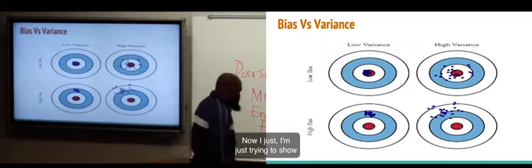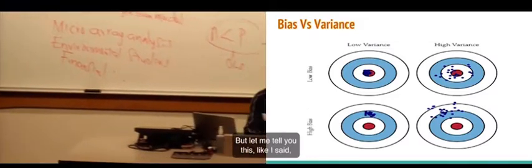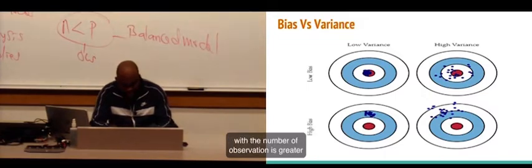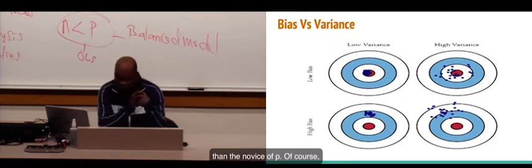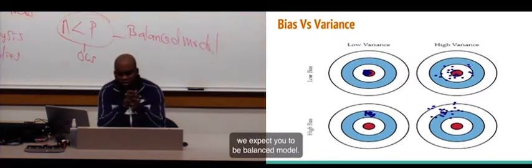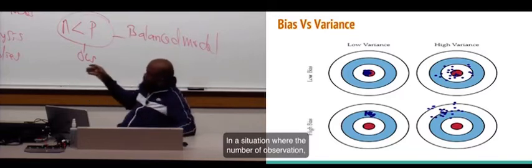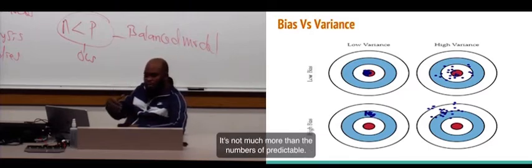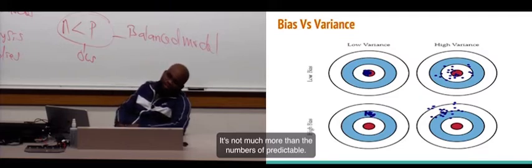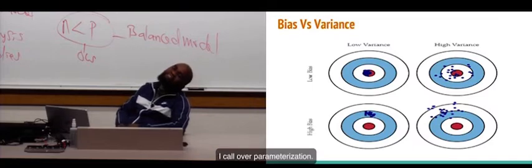Now, I'm just trying to show you how that actually plays out. But let me tell you this. Like I said, when the number of observations is greater than the number of predictors, of course, we expect the OLS to be a balanced model. In a situation where the number of observations is not much larger than the number of predictors, we're going to have what I call over-parameterization.